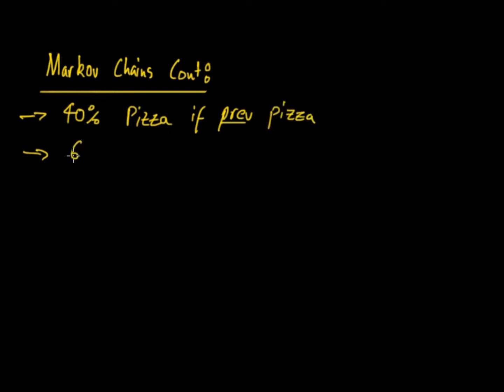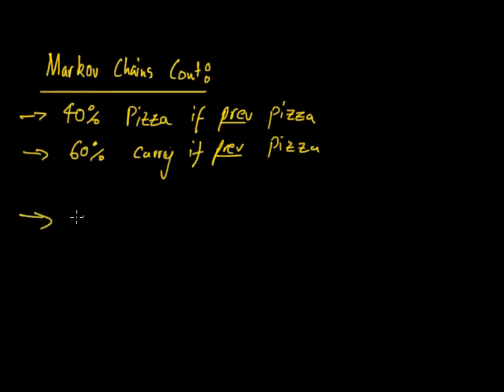From that we know there's a 60% chance of them buying curry if the previous was pizza, because that has to sum to 100%, so 0.4 and 0.6.